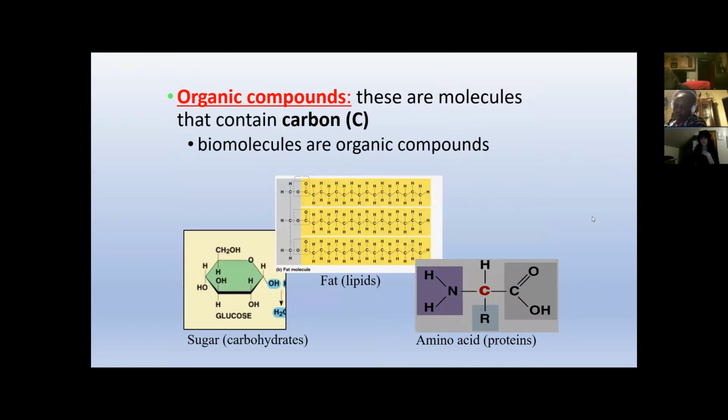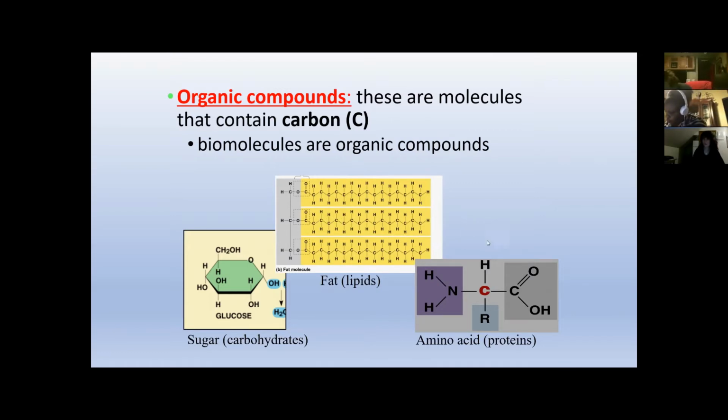And then what we're going to talk about now are organic compounds. These are more complex structures, and in a lot of ways they're repeating structures. In all organic compounds, except for some very weird ones that use sulfur instead of carbon, pretty much everything we call an organic compound on the planet is going to have a carbon as part of its base.